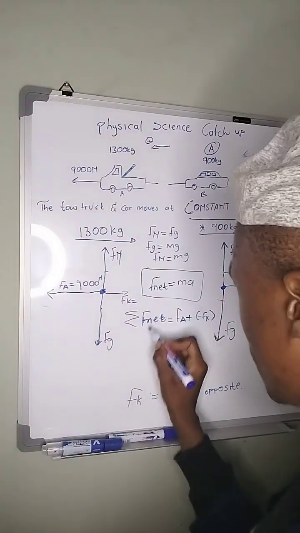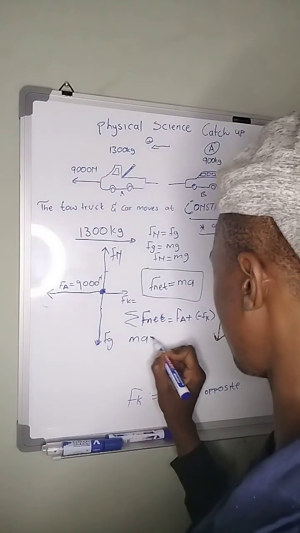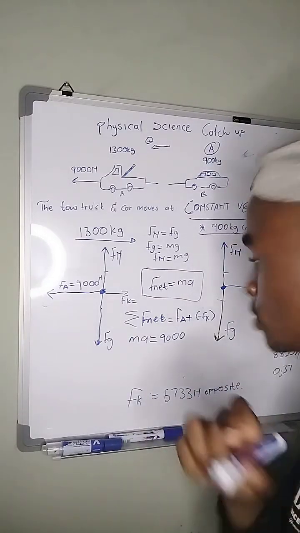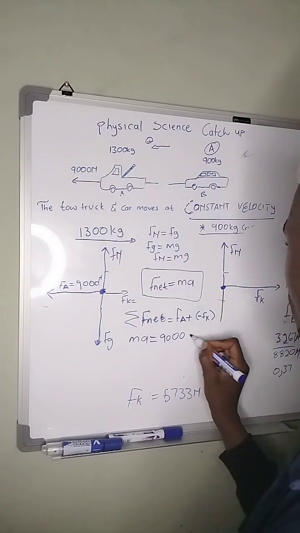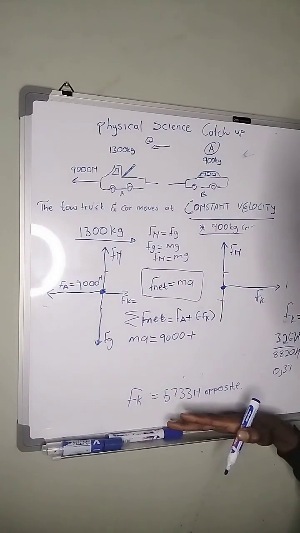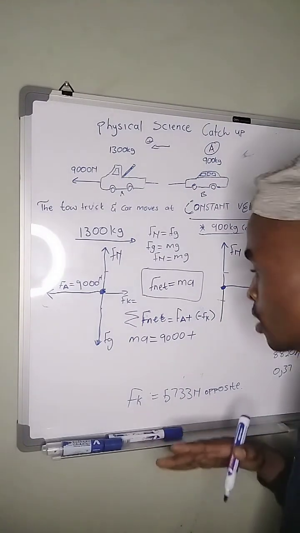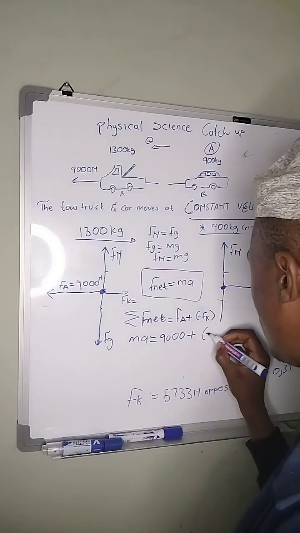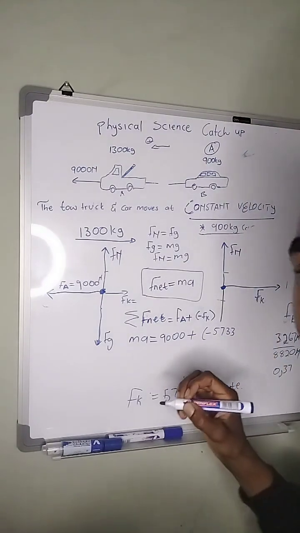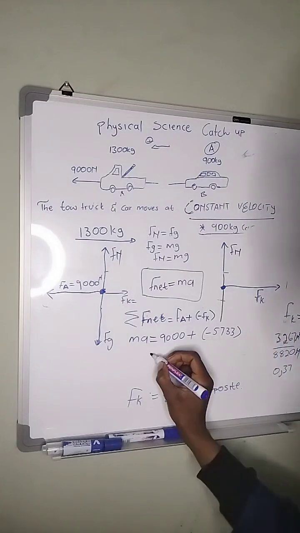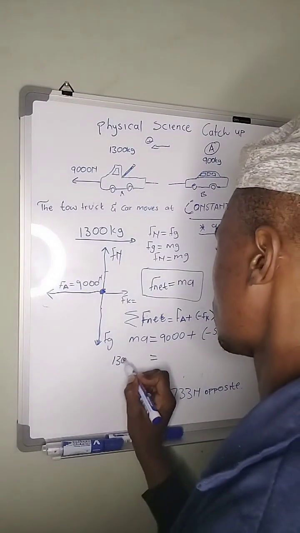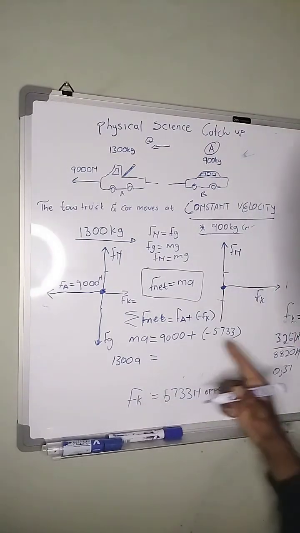So I'm going to have my F net, being MA, equal to 9,000, not 900, plus this value of the friction that we got, negative 5,733. So I'm going to have 1,300 A.